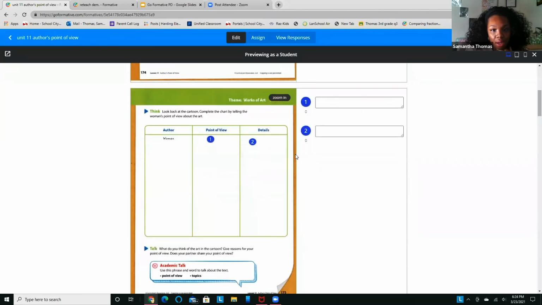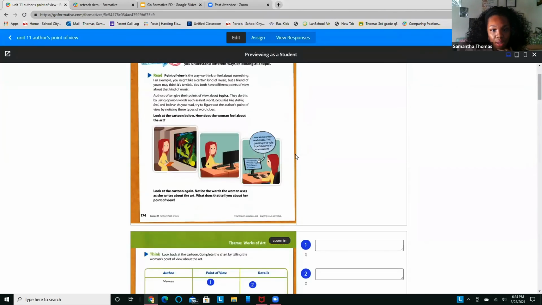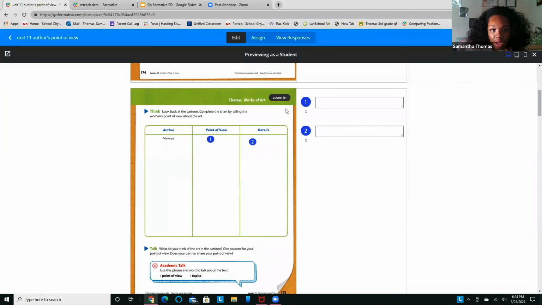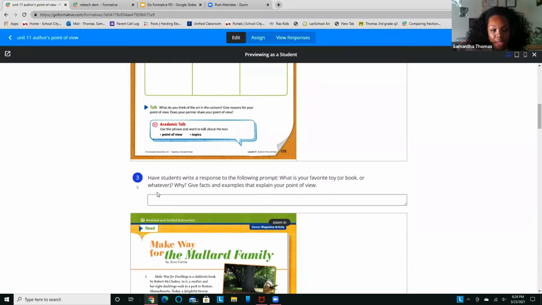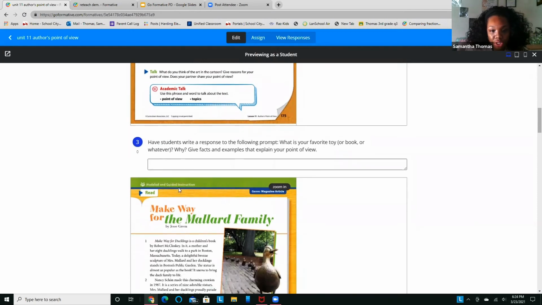Then they write what goes into this column, point of view, and their details go inside here. Then I wrote the questions here, and they will answer the question there.